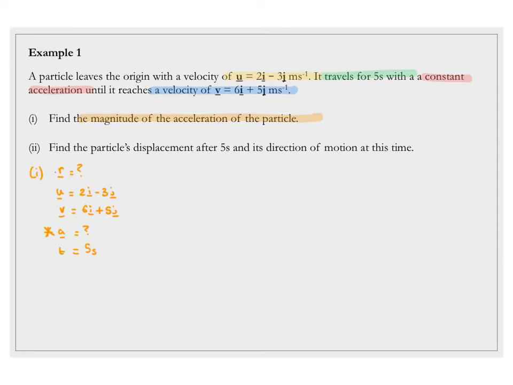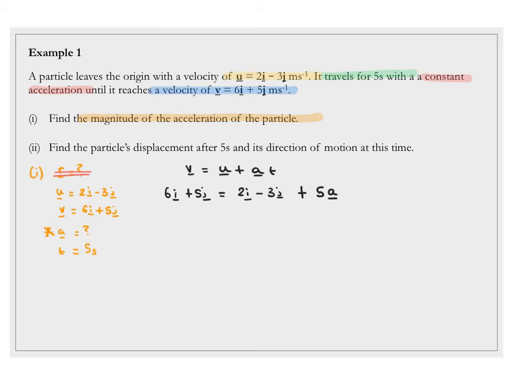So let's rule out this quantity here, r, and let's look at the fact that we can use v equals u plus at here. So we can say that 6i plus 5j is equal to 2i minus 3j plus 5, which is the time, multiplied by the acceleration. And we know how to add and subtract vector quantities.